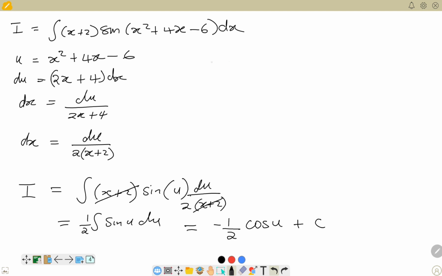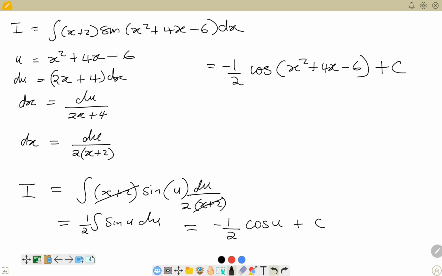Then again, because we were having x variables from the beginning, we need to change back to our original variables. So we have negative 1 over 2 cos. We replace u now with x squared plus 4x minus 6, plus c is still there.